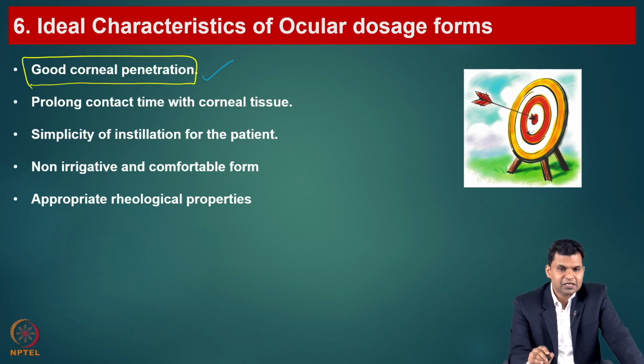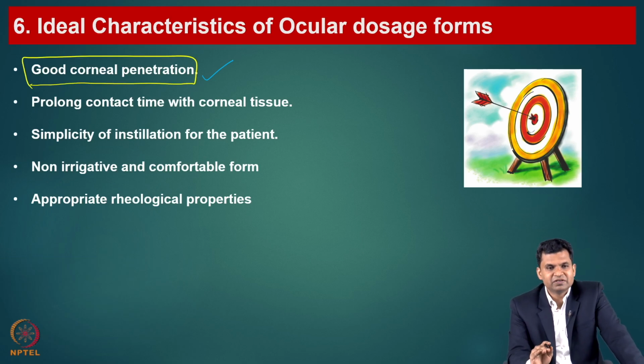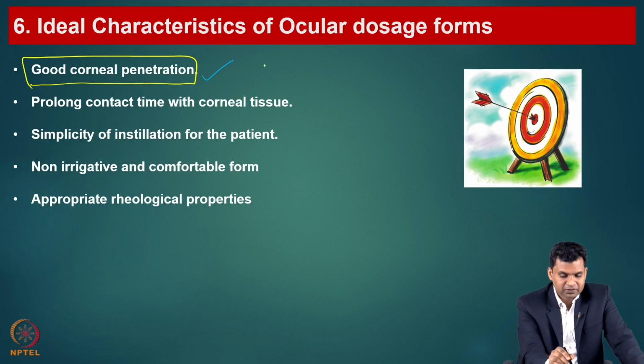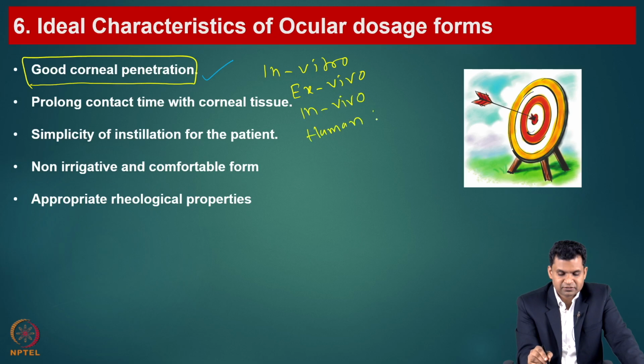So, for any novel product, we will see the permeation through the cornea. There are studies we perform, like in vitro studies and ex vivo studies, and we do in vivo studies, and then we will do human clinical trials.